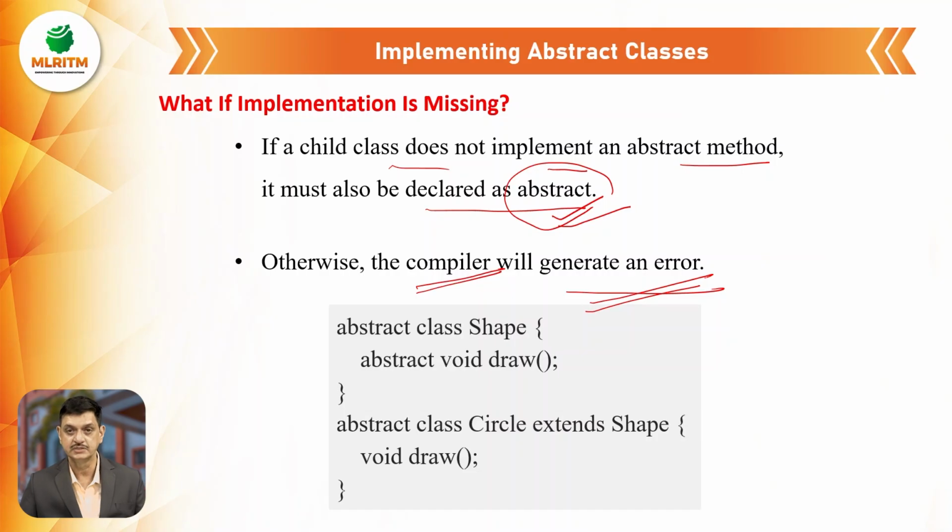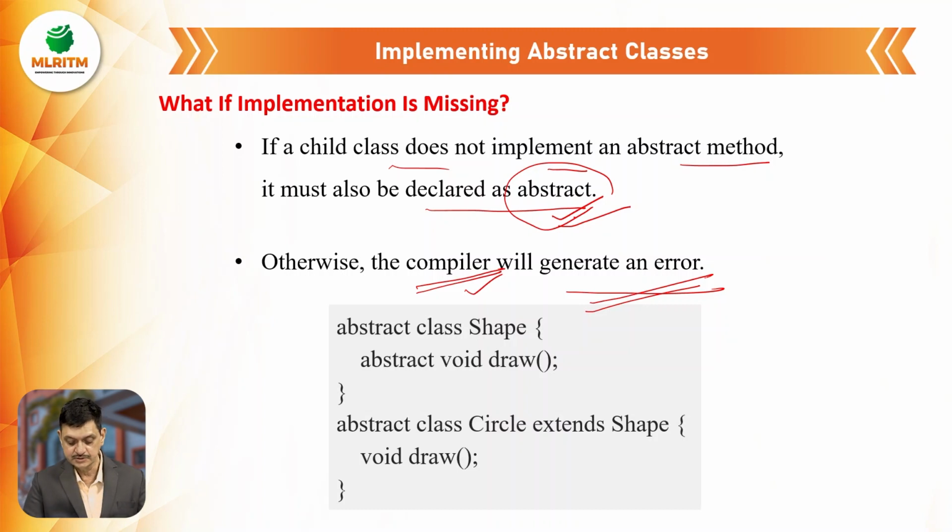Otherwise, the child class must also be declared abstract. If it doesn't include the implementation details and is not declared abstract, then definitely the compiler is going to generate an error.